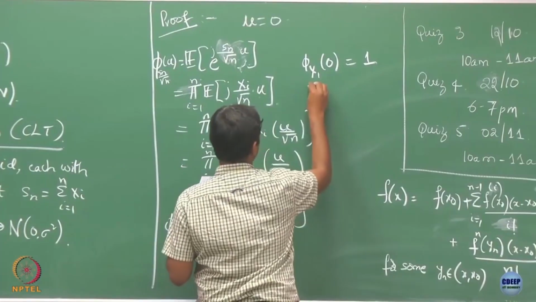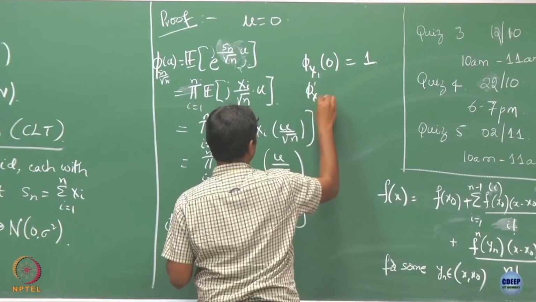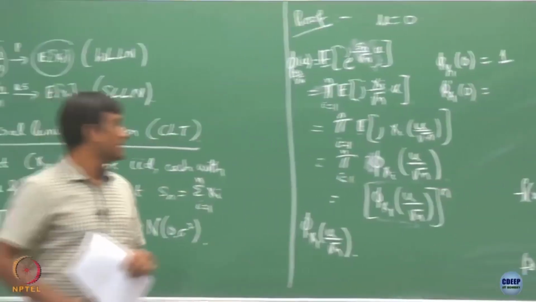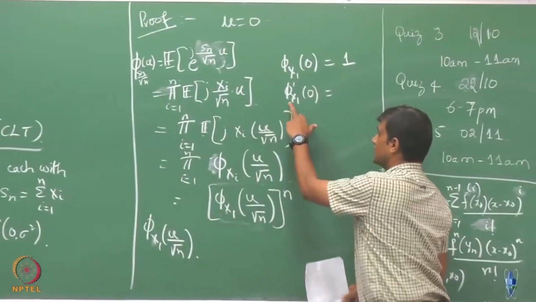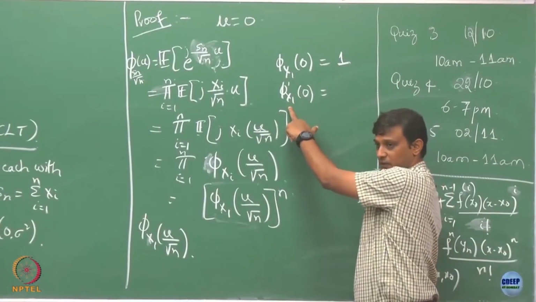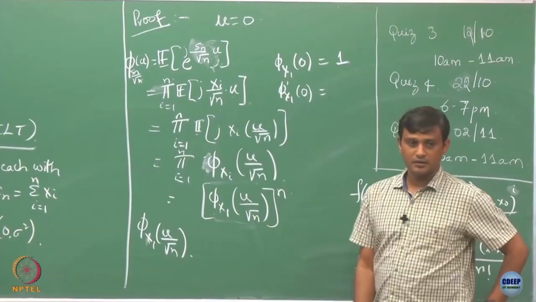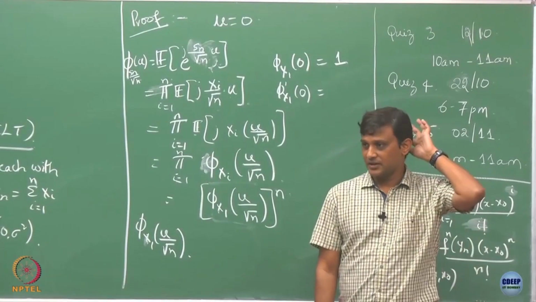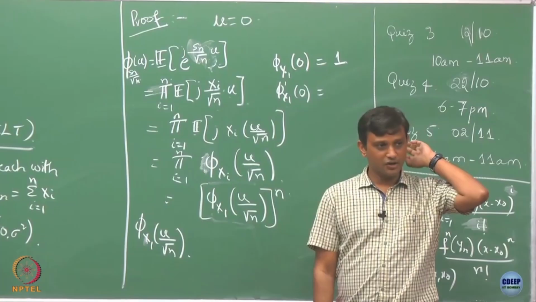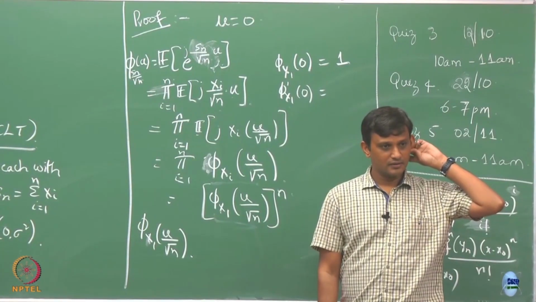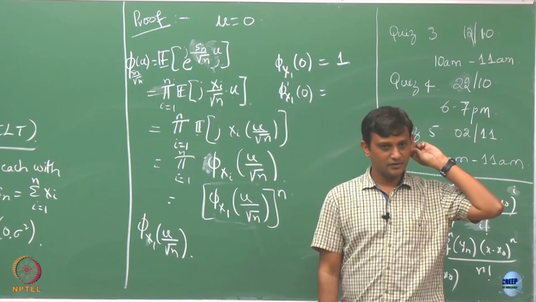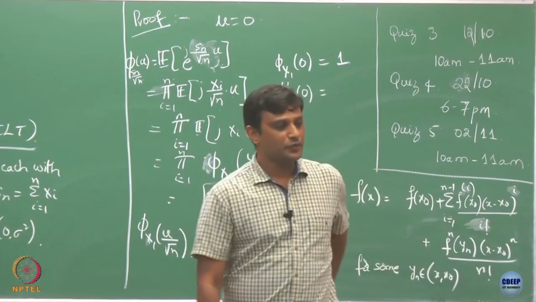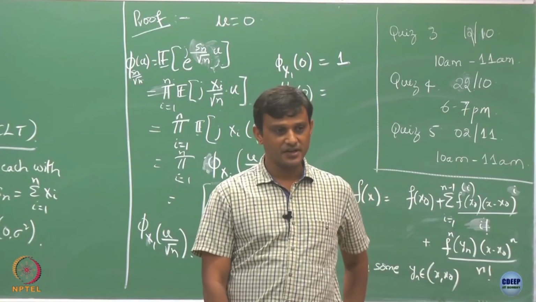Okay, and what will be the first derivative of this at 0? I am looking at the first derivative of the characteristic function of x1 at the point 0. If you differentiate the characteristic function and take the argument 0, what are you going to get? How are you going to compute the mean of a random variable from the characteristic function?